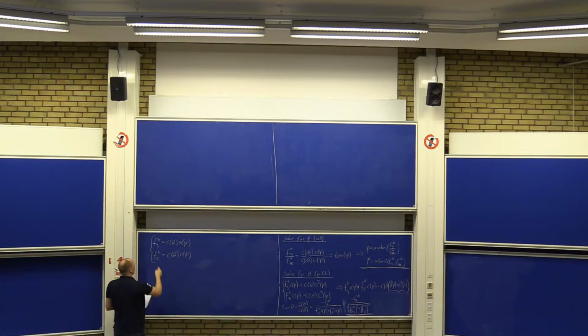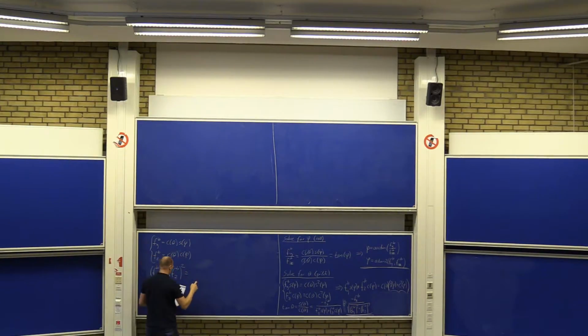If we now square this equation and that equation and add them up, we will get fyb square plus fzb square equal to cosine square theta times sine square phi plus cosine square theta times cosine square phi.